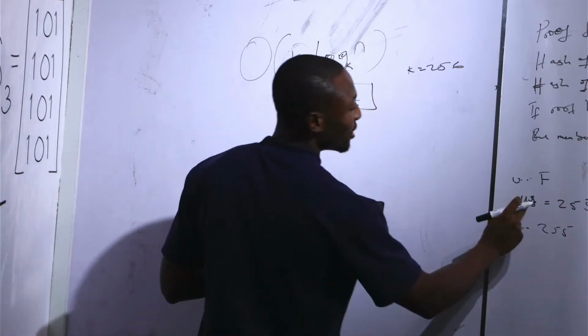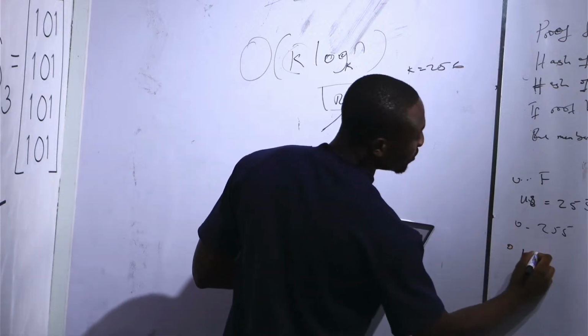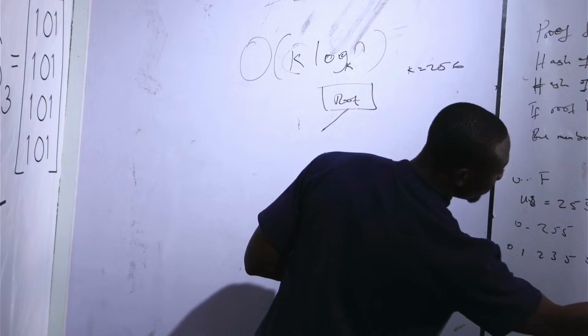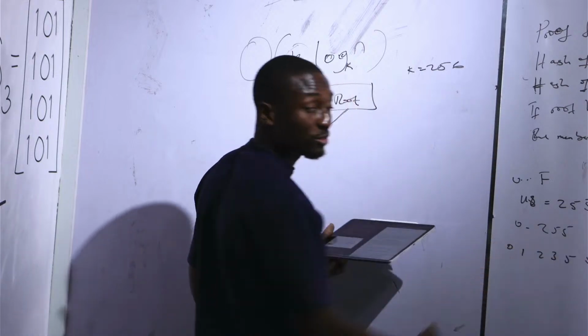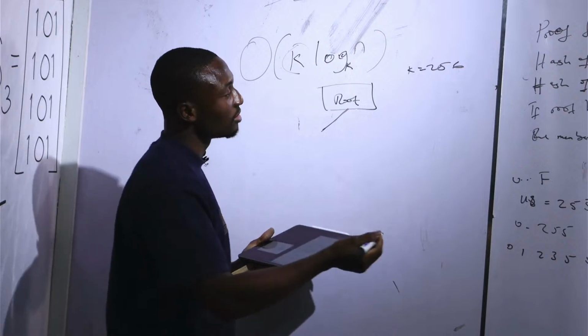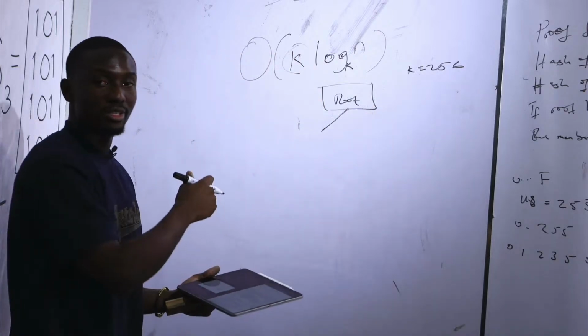If you represent each index with a byte, you can have 0, 1, 2, 3, 4, 5, 6 to 255. If you count it, that's 256 children. So that's why we use a byte to index each of the children.